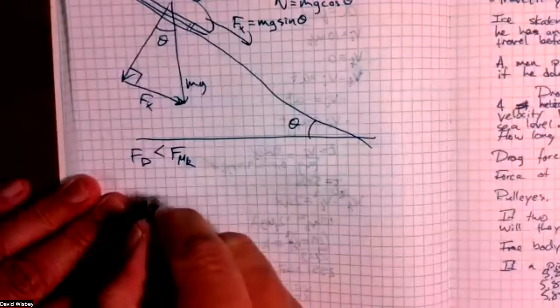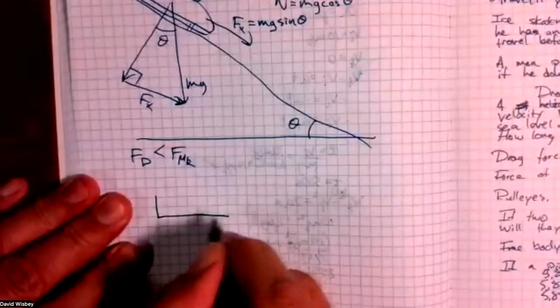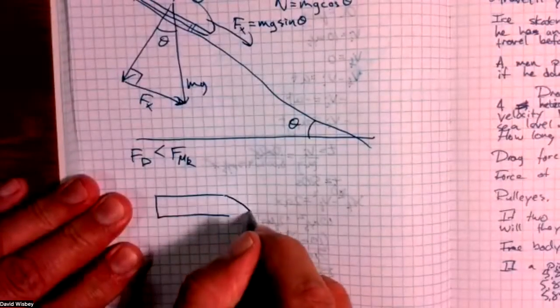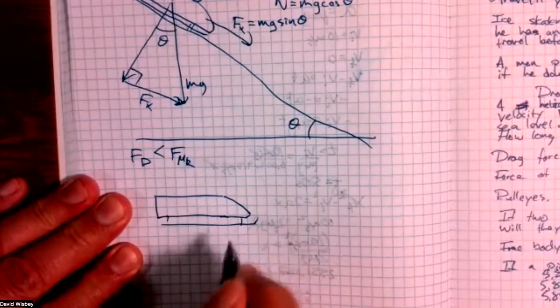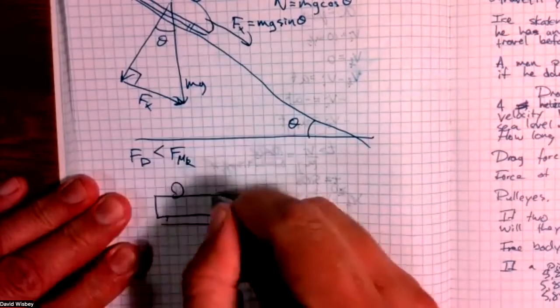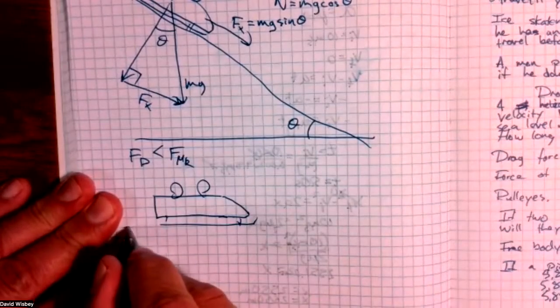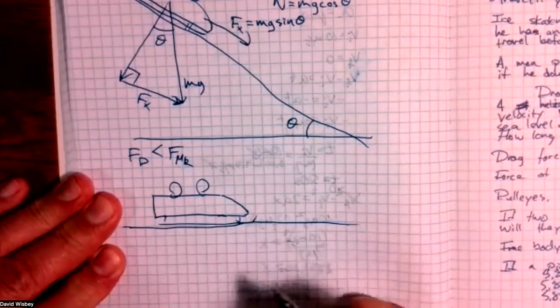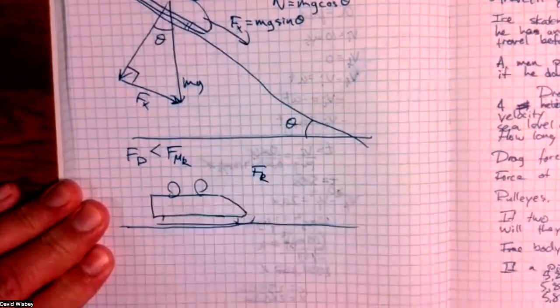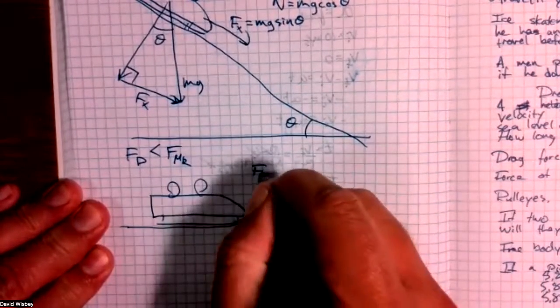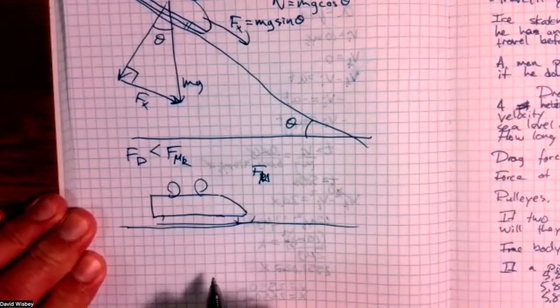Once the bobsled gets, let's say, on a flat spot. Here's our bobsled, right? So once the bobsled is on a flat piece of ice here, okay, there's some friction. There's a frictional force. I'll call that mu.